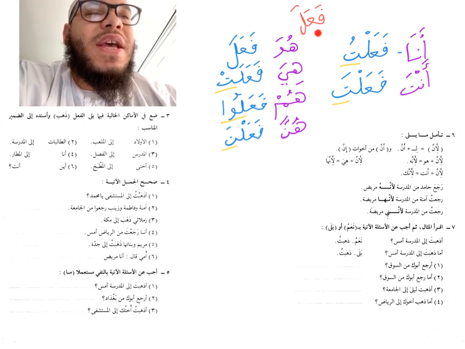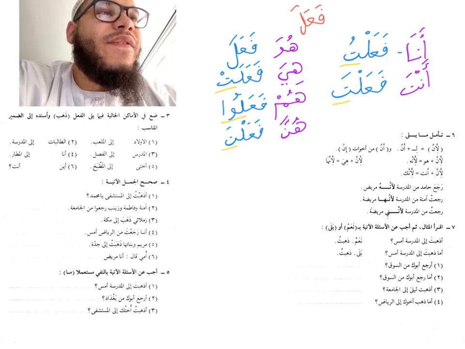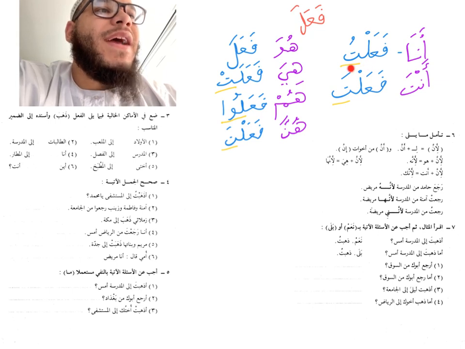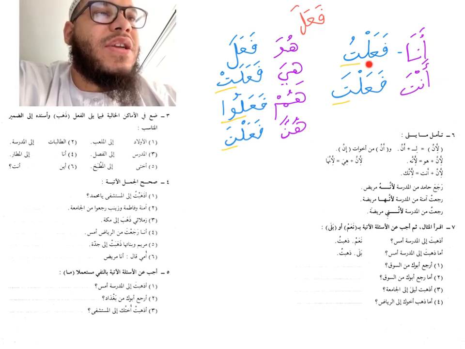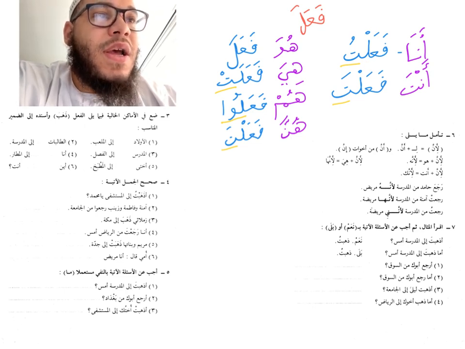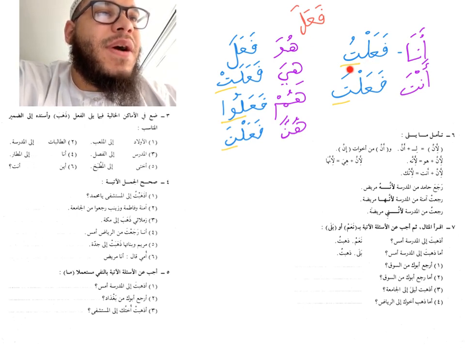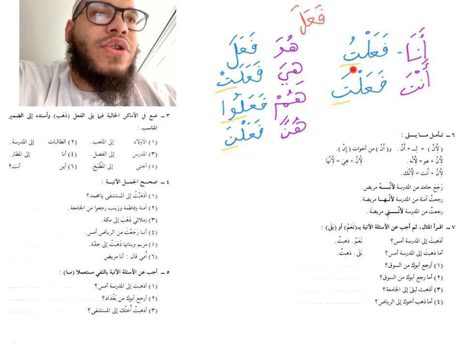Now, if I want to say I did it, I say ana fa'altu. So look what I add. I add this ta at the end of the verb, and I put sukoon on the last letter of the verb. When I add the pronoun for second person and first person, I put a sukoon on the last letter of the verb, which is the lam, fa'ala. And then I add my pronoun, the one who does it.